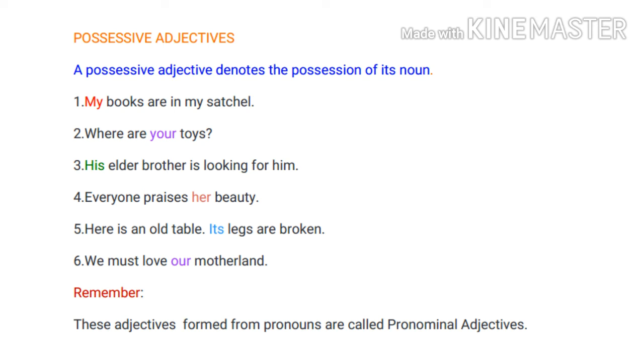In all these sentences, the adjectives my, your, his, her, its, etc. are examples of possessive adjectives. Remember, since these adjectives are formed from pronouns, they are also called pronominal adjectives.